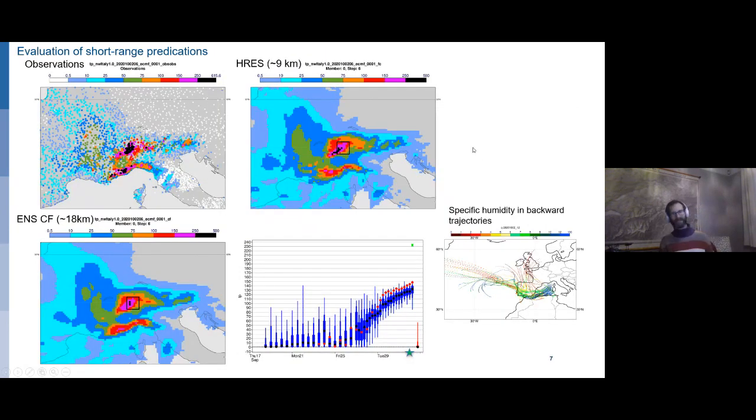So if we look at the evaluation of the short range prediction and focusing on the Alps, we see that even if we predicted truly extreme inside this box over northern Italy, so the ensemble median was 130 millimeters, it was far from the average of all the observations inside the box, which was 230 millimeters.